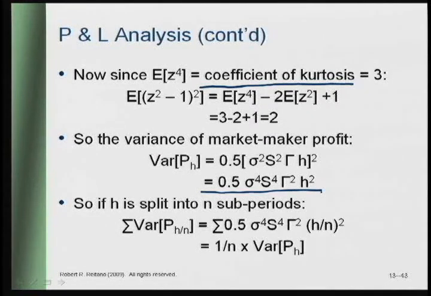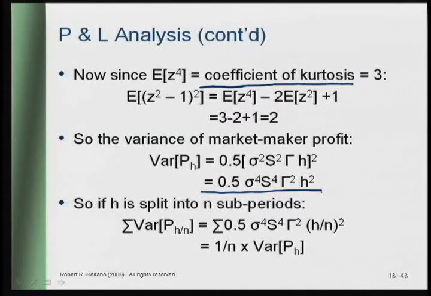The importance of this is it says if the market maker rebalanced, divided the period H into n subperiods, the variance of the sum of the P&Ls would be 1 over n times the variance of the one period P&L. So by virtue of dividing the period in half, say, that cuts the variance in half.